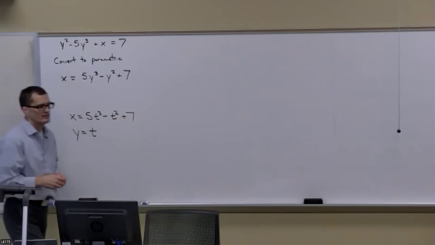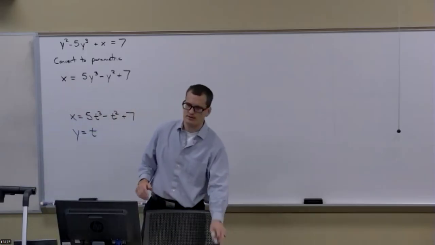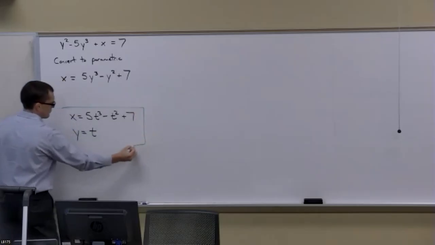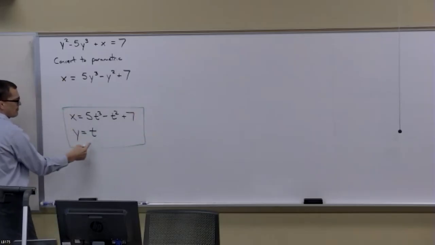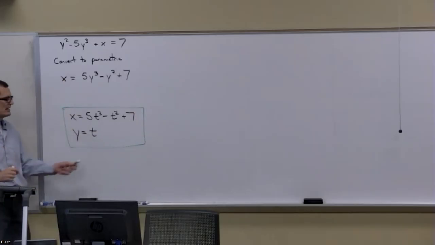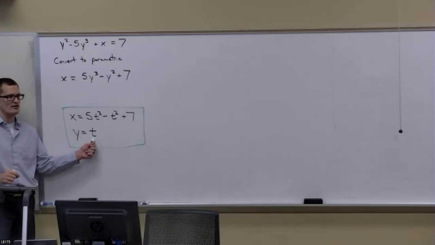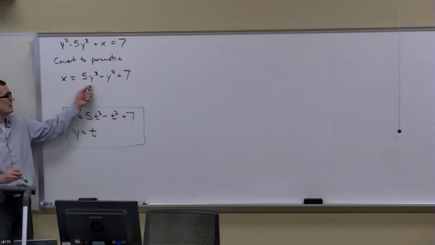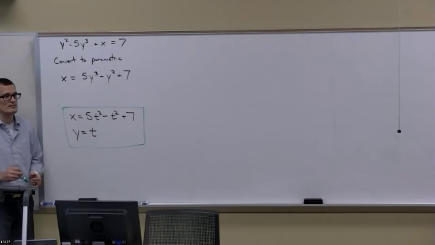That's my simple parametric equation. And again, technically you could have put whatever expression you'd like here for y. You could have put y is equal to t squared or t to the third or 6t or half t, whatever you want, and then just plug in whatever that is. Okay.